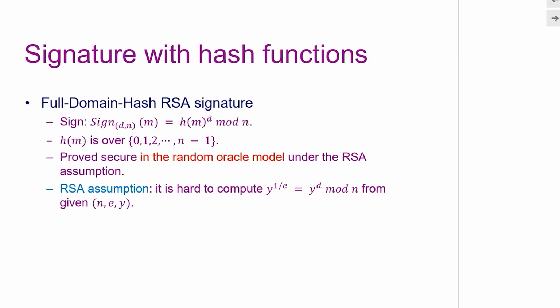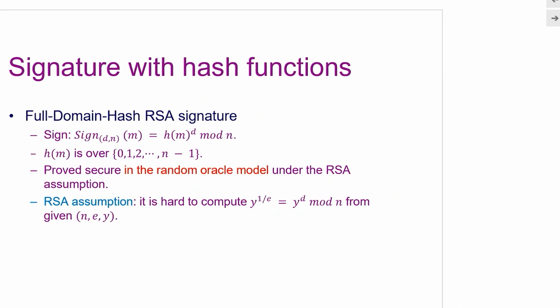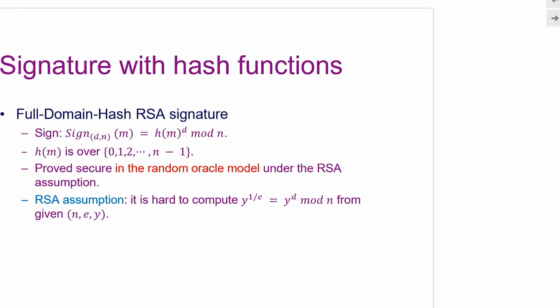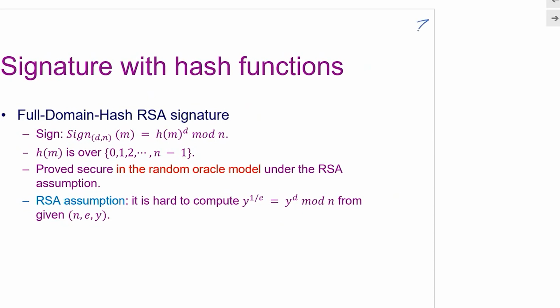So let's just start from the beginning. There are words and text here that we want to discuss before we get to the proof. The first thing you see is the big heading that says full domain hash RSA signature. So the very first thing you want to ask yourself is, what does full domain hash function mean? Remember that when we are working in RSA, we are working in some Zn, right?